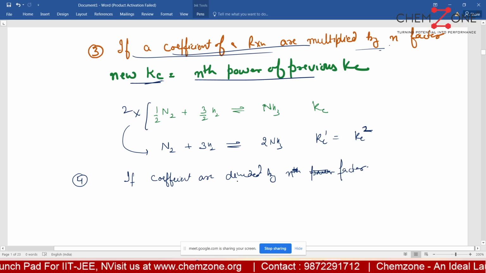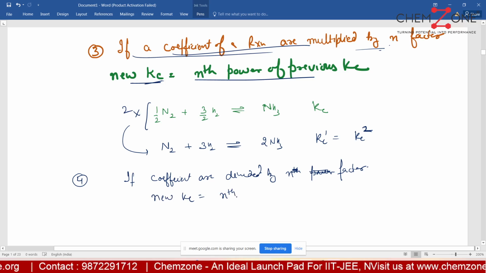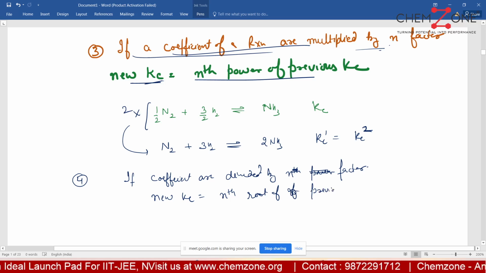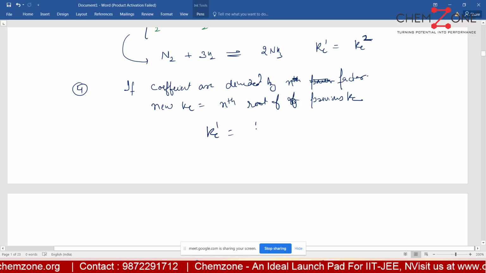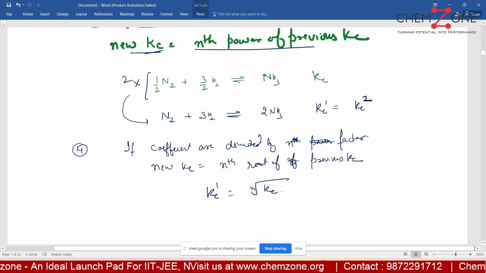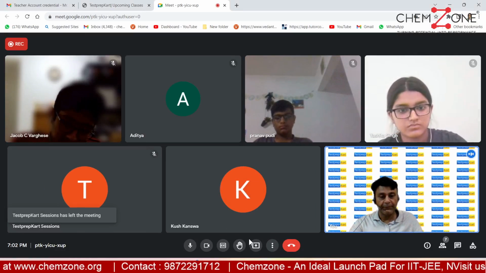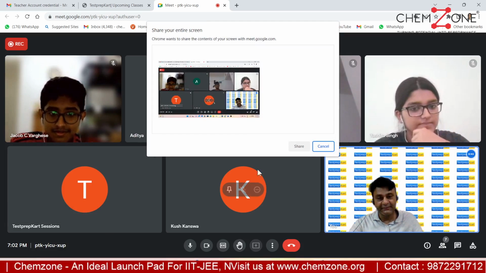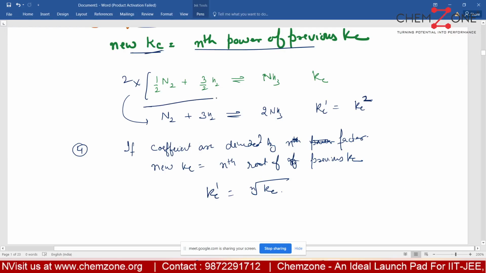If the coefficients are divided by the n factor, the new Kc will be the nth root of the previous Kc. Suppose I have now this equation.